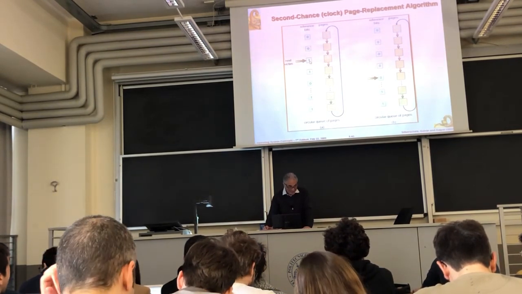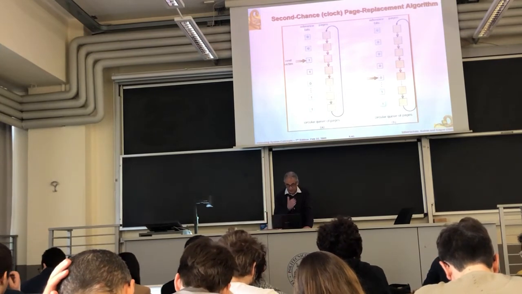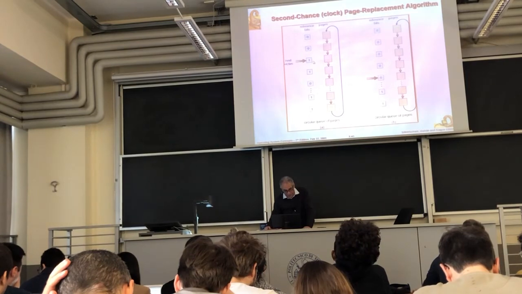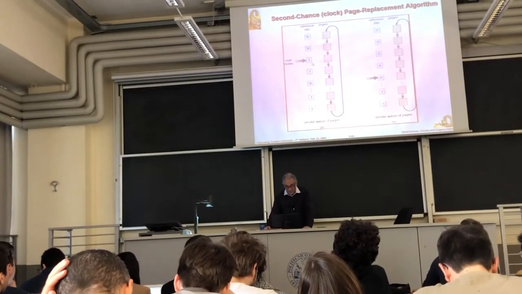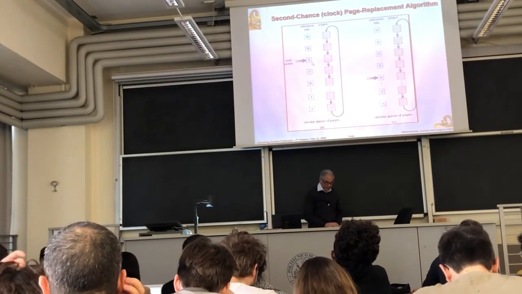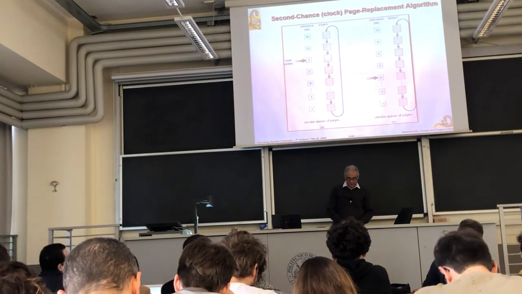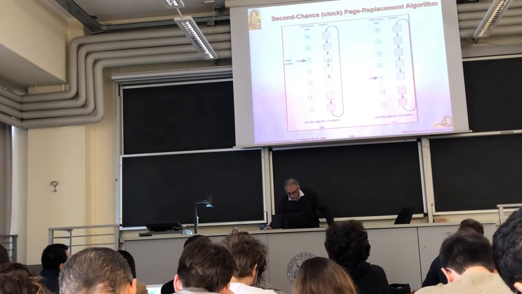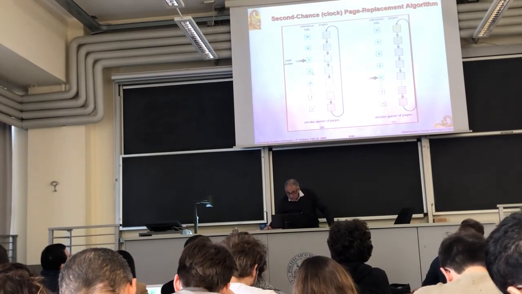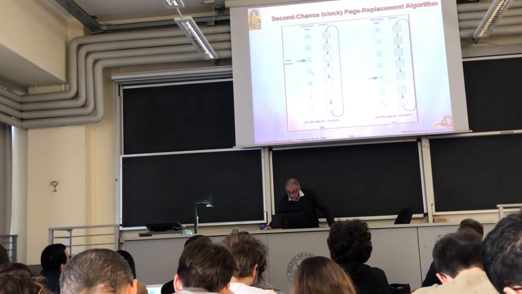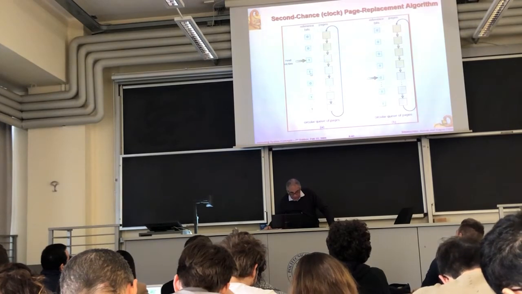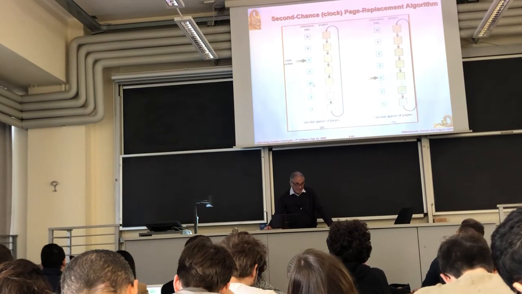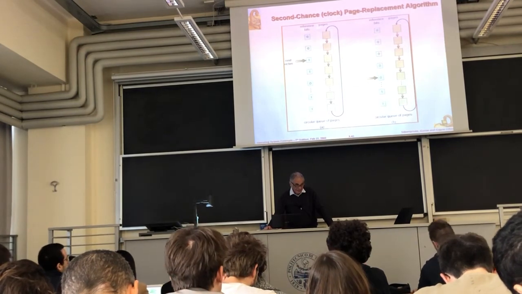If the bit is set, what does it mean? It has been referred. Okay, so it puts it to 0 and gives this page a second chance to stay in memory. Then it goes on. This page has also been referred, so we give a second chance to stay in memory. This page was not referred, so it's selected as a victim.